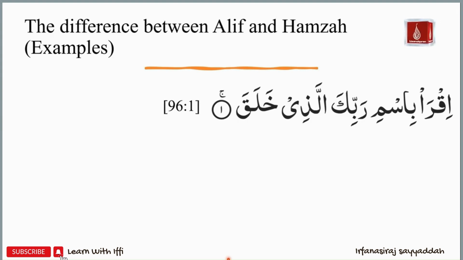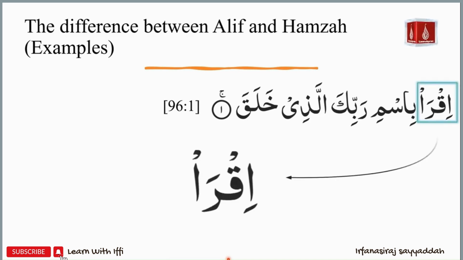The following is an ayah from the Holy Quran, and the word that we will focus on is the word iqra. If we look at the word iqra superficially, we might conclude that there are two alifs in the word iqra, one at the start and one at the end. But if we look more carefully, we'll realize that this alphabet has a zair underneath it, and this one has a sukoon on it.